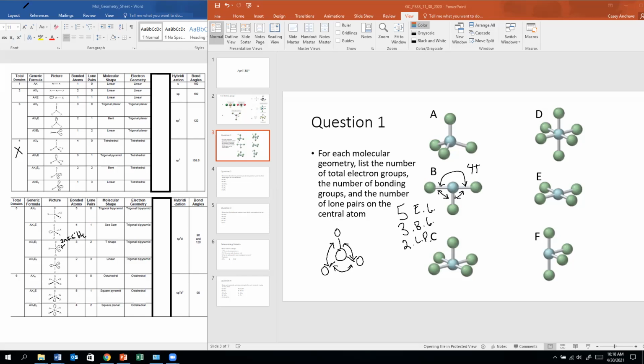Right. So any questions on how I figured that out? All right, so see if you can go through the other ones here and figure out what type of molecular geometries we are looking at.